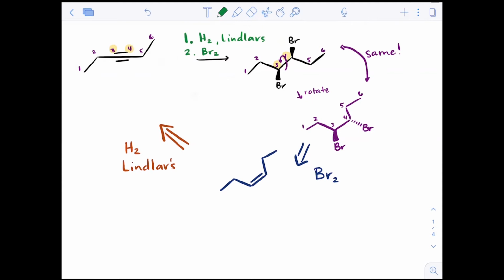So don't be afraid to take chances, make mistakes, redraw things, and always double check with your forward reaction, right? Double check to make sure that using H2 and Lindlar's would make a cis alkene, and then adding Br2 would make that final product where we have the specific conformations of the bromines. All right?